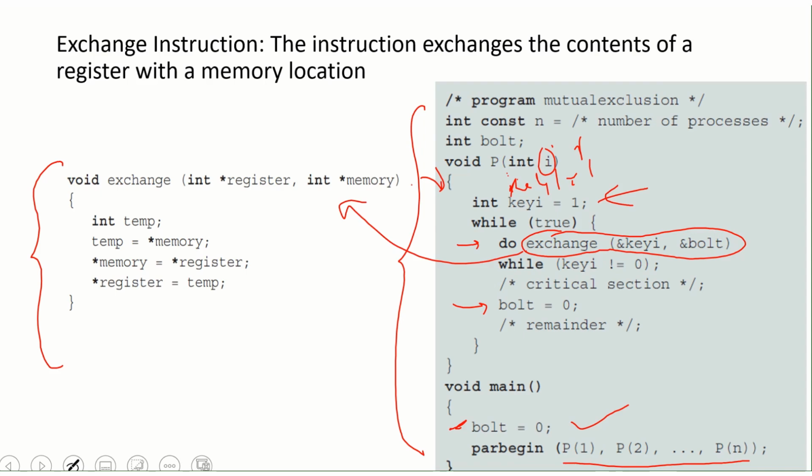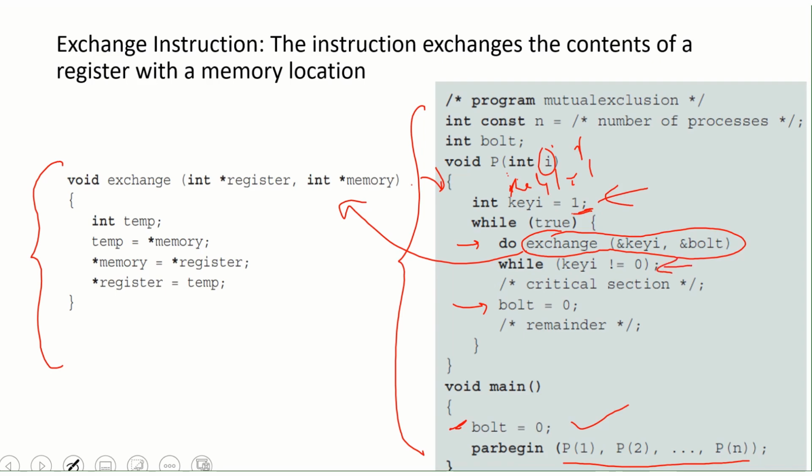What is the ampersand? This is the location of this memory location. So that is exchange, swap the contents. Now what was the value of key 1? It was 1 before. So after exchanging, what will be the value of key 1? Key 1 will be 0. So what is this?